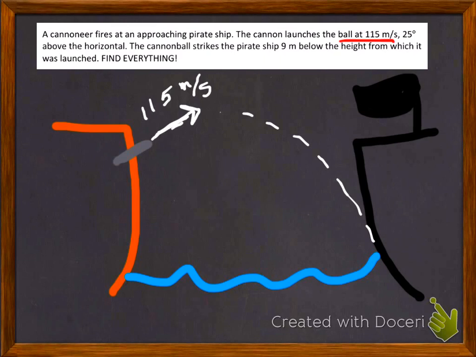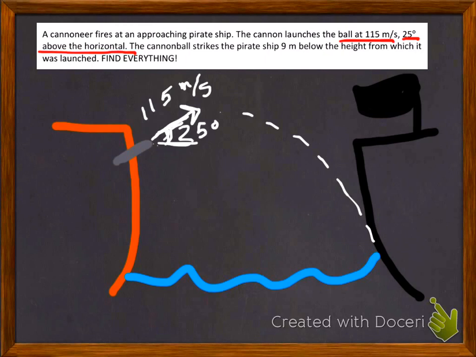The next bit that we're given is the angle at which it is launched, so 25 degrees above the horizontal. So remember, that means we have to pretend that there is a horizon right here, and the angle that our speed makes with that horizontal line is going to be 25 degrees.